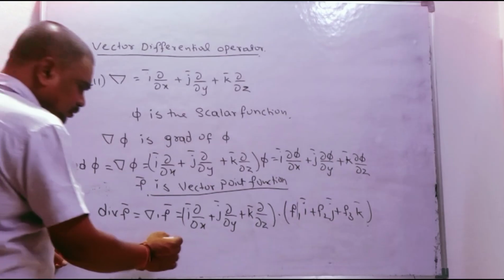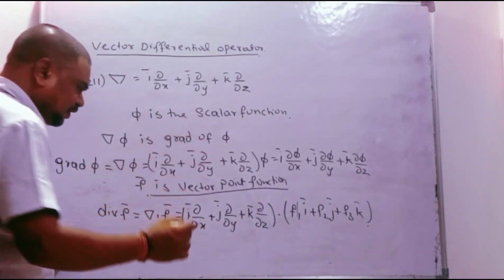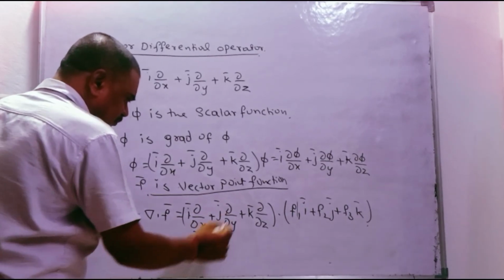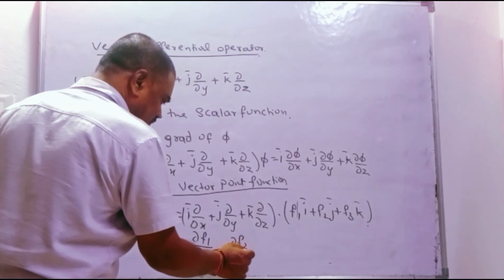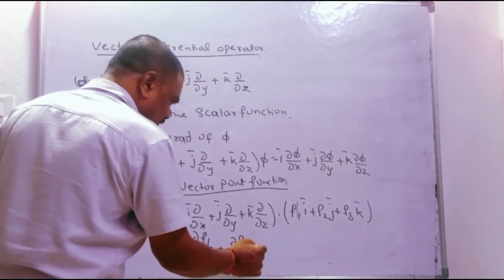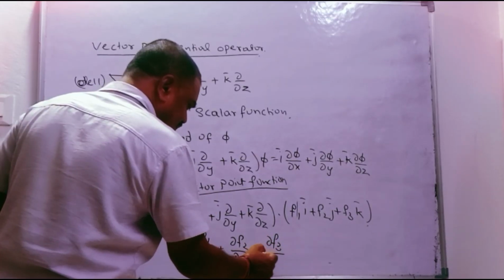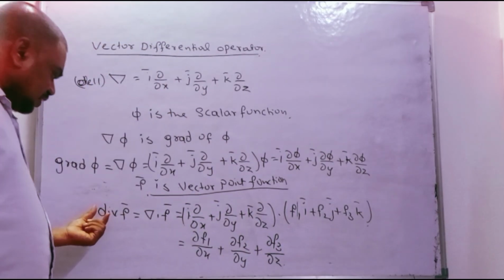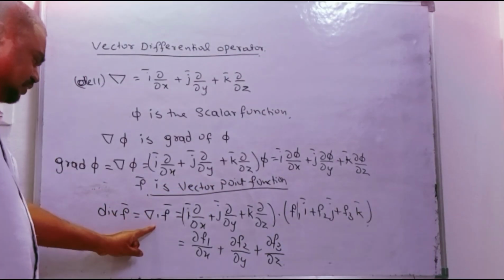Then here i dot i is equal to 1, dou f1 by dou x, j dot j is equal to 1, dou f2 by dou y, plus k dot k is equal to 1, dou f3 by dou z. Means div F bar is a scalar point function.